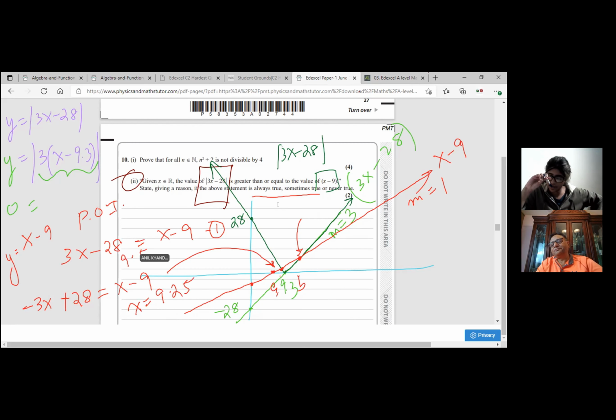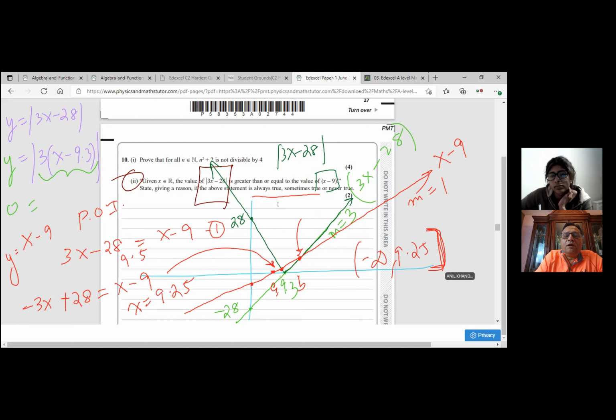Correct. So you would just say that between that interval, the line is greater than or equal to the modulus, but not elsewhere. So this statement is only true if the interval is from minus infinity to 9.25, including that point, correct?